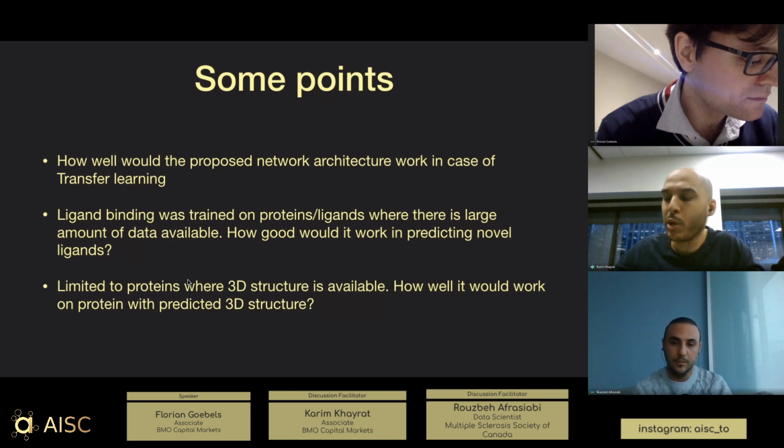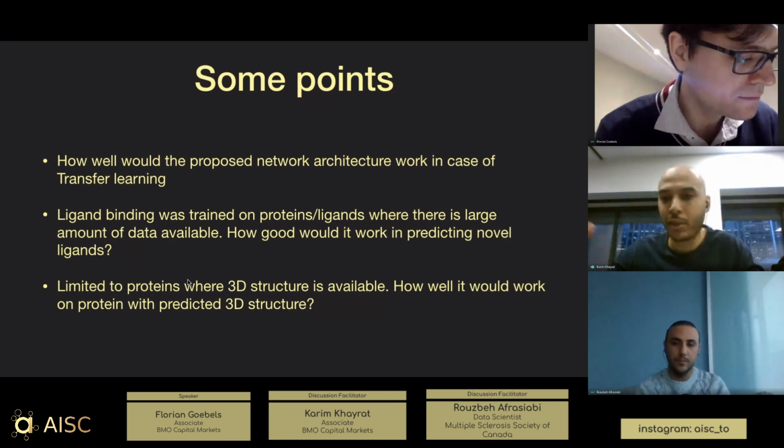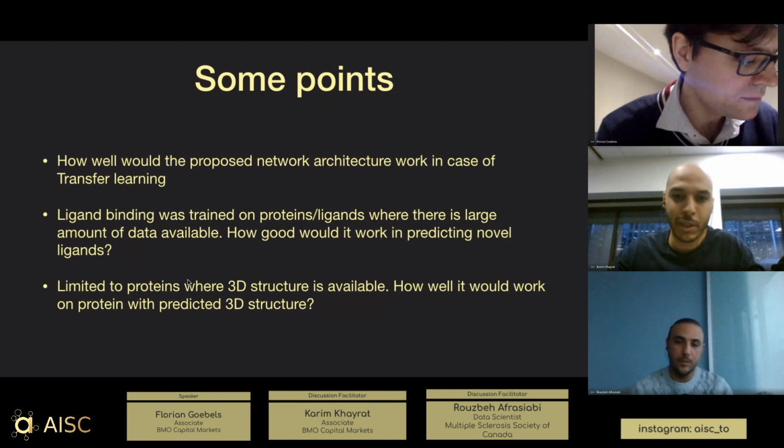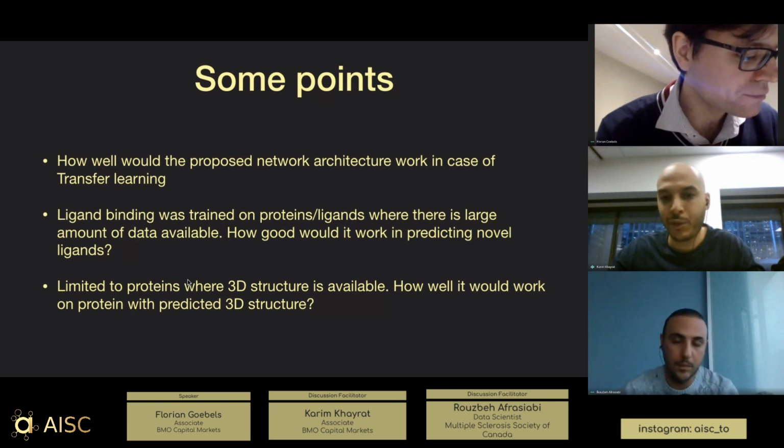So like for word embeddings, if you train on Wikipedia, that's already a very large corpus that covers a lot of the English language. I'm not an expert in this, but I don't know if the data that they have used is similarly comprehensive.